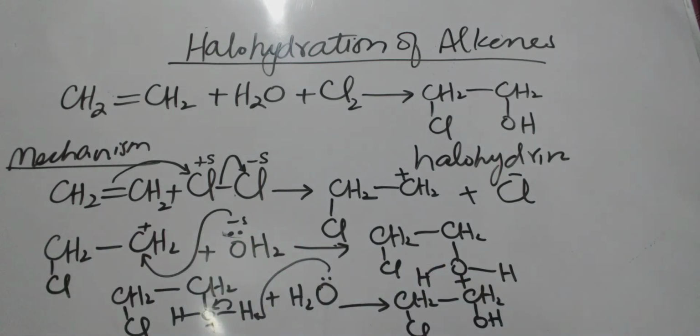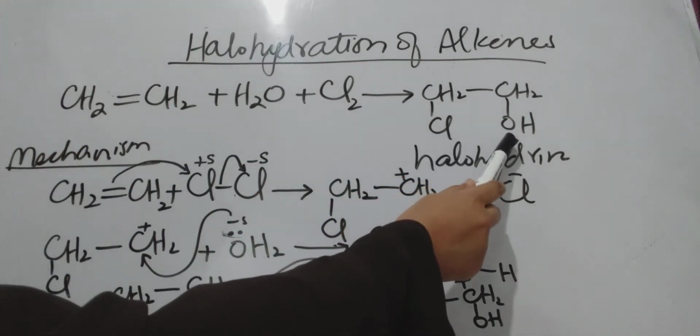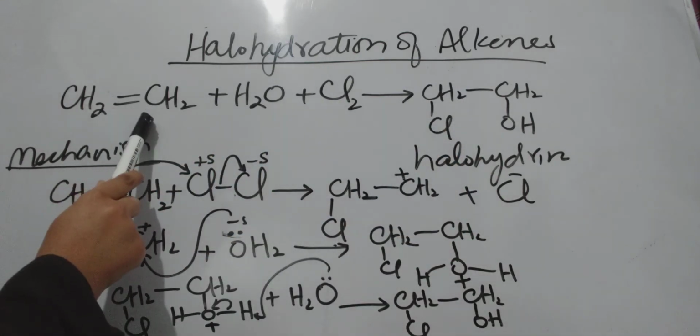So this is the reaction that involves the formation of halohydrin, and it basically involves the addition of chlorine, halo and water across this alkene. Halohydrin is a compound having the halo group as well as the hydroxyl group added across the double bond of this compound.